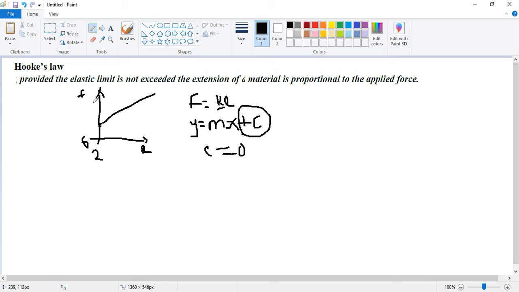Actually, the extension depends on the force. You will not have an extension when there is no force. So when you change the force, that's when you will have a change in the extension. So we shall call the force independent because it is changed by the experimenter. The extension is dependent because it changes when the experimenter changes the force.